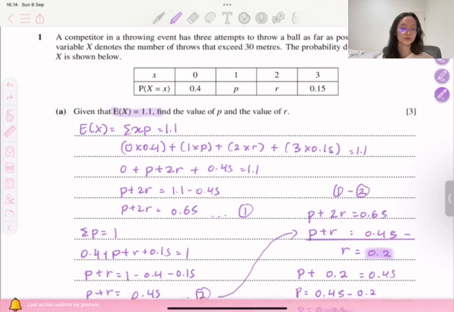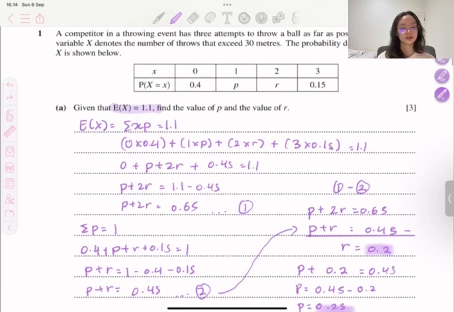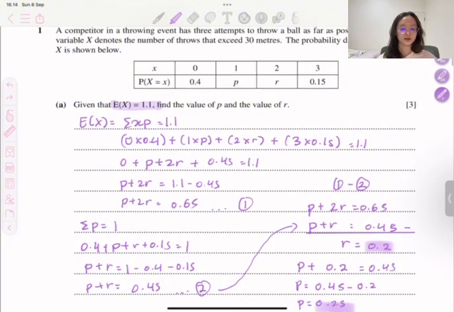And that all will be equal to 1.1. We can simplify this by adding up: 0 plus p plus 2r plus 0.45, which gives p plus 2r equals 1.1 minus 0.45, so we move the 0.45 to the other side.